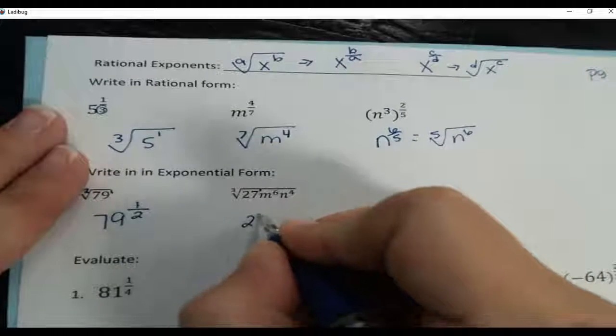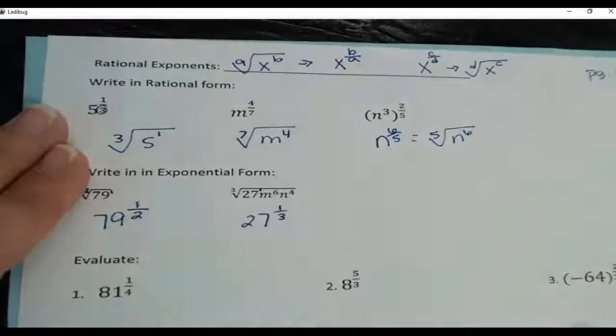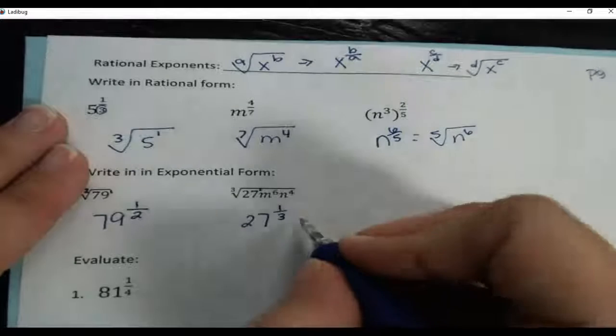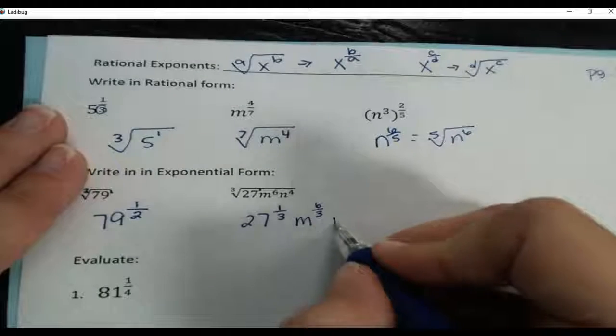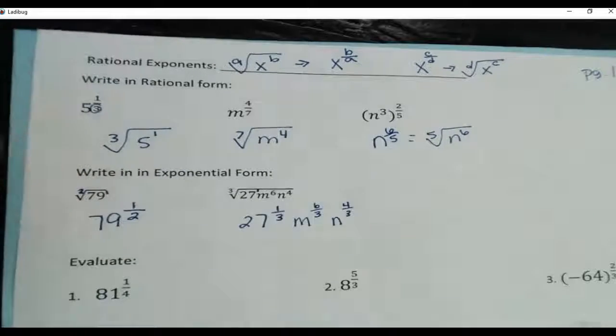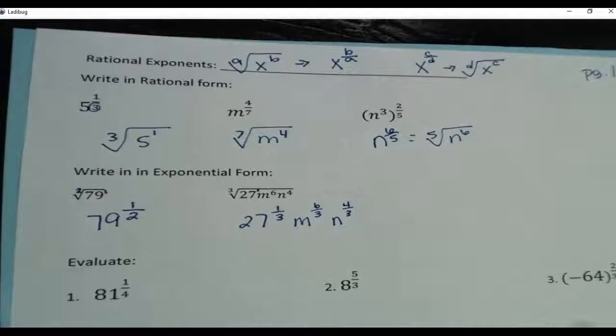So that'll become 27 to the 1/3, m to the 6/3 and n to the 4/3. Right? So if everything has a different exponent inside, they all need to get that little fraction. Okay? Questions on that? Okay.